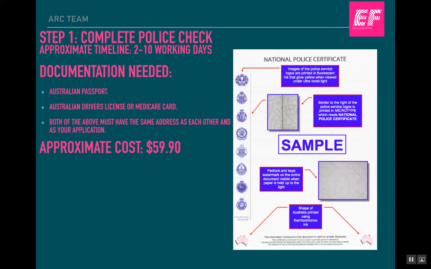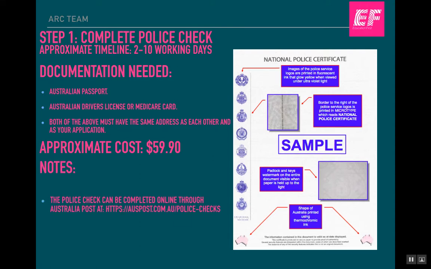The approximate cost for this is $60 US dollars, $59.90. And some notes about this process. The police check can be completed online through Australia Post at aupost.com.au/police-checks. This was certainly the best way that I could see to do it.